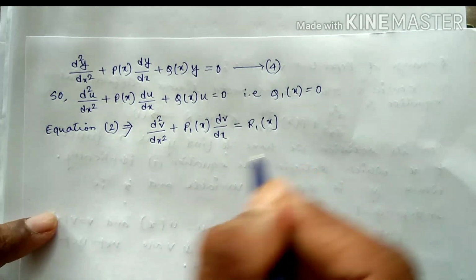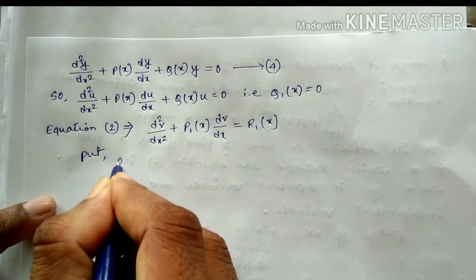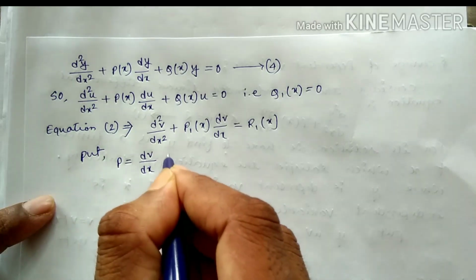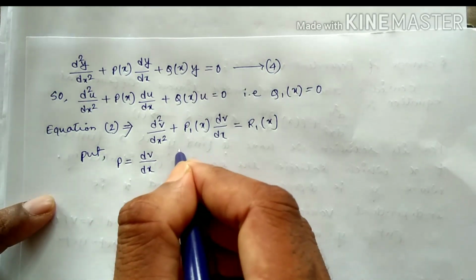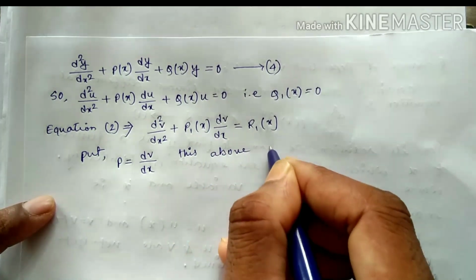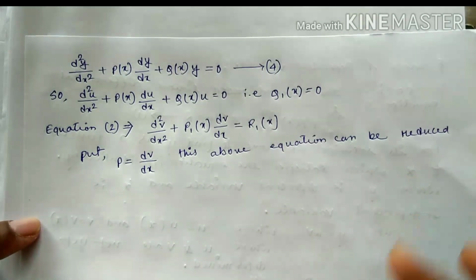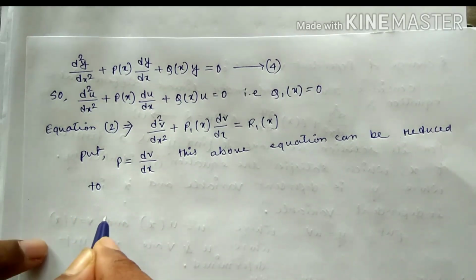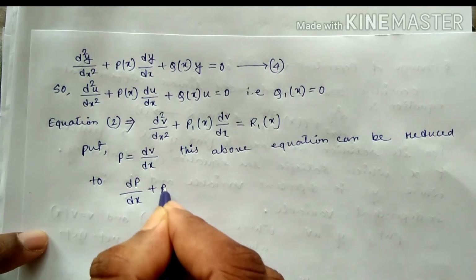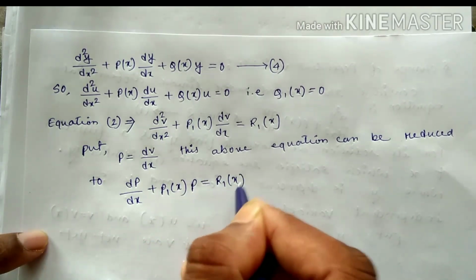Now we put p is equal to dv by dx. The above equation can be reduced to dp upon dx plus p1 of x p is equal to r1 of x.